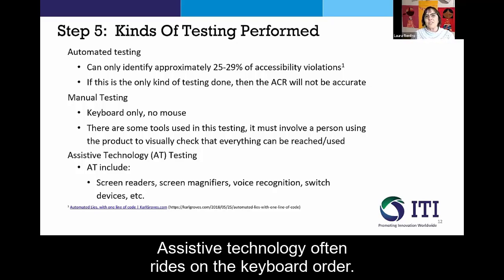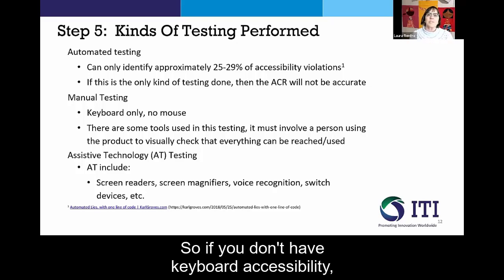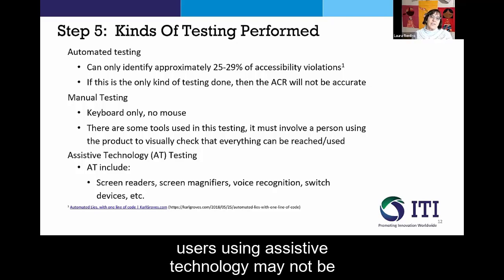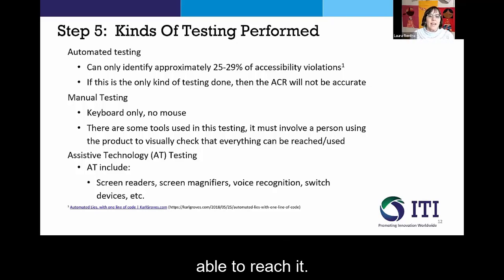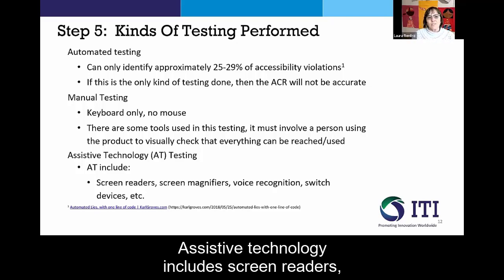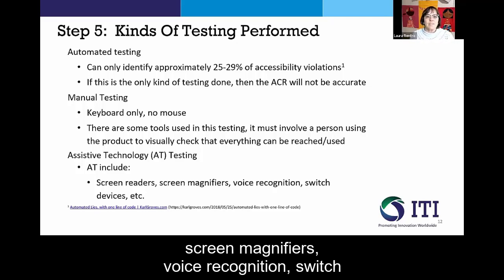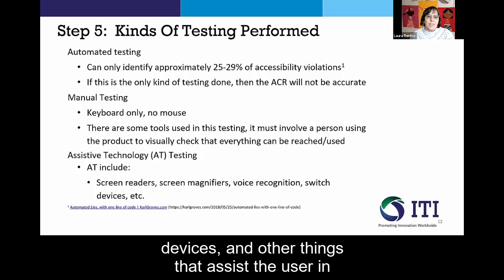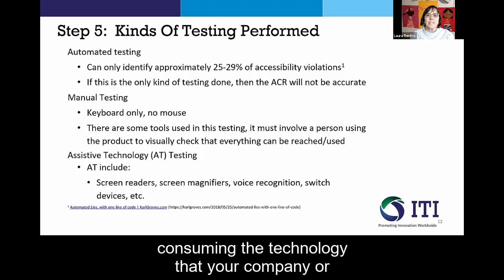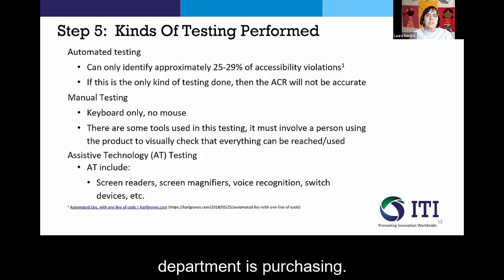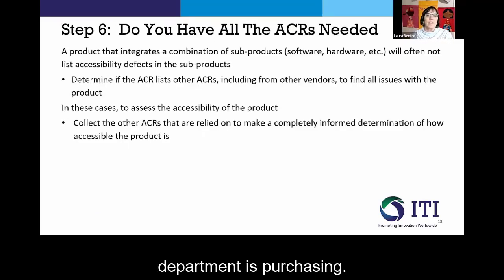Assistive technology often rides on the keyboard order, so if you don't have keyboard accessibility, users using assistive technology may not be able to reach it. Assistive technology includes screen readers, screen magnifiers, voice recognition, switch devices, and other things that assist a user in consuming the technology that your company or department is purchasing.